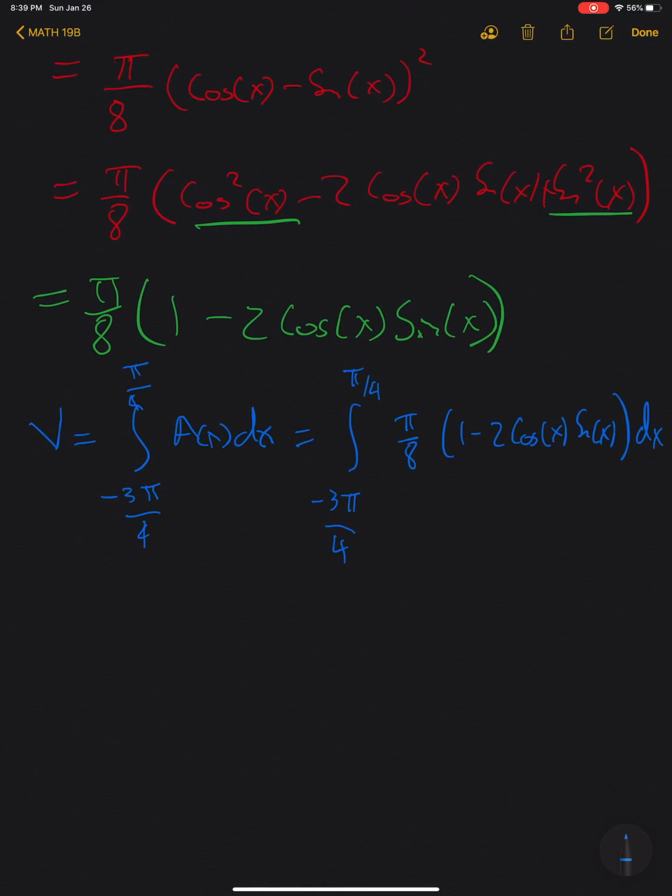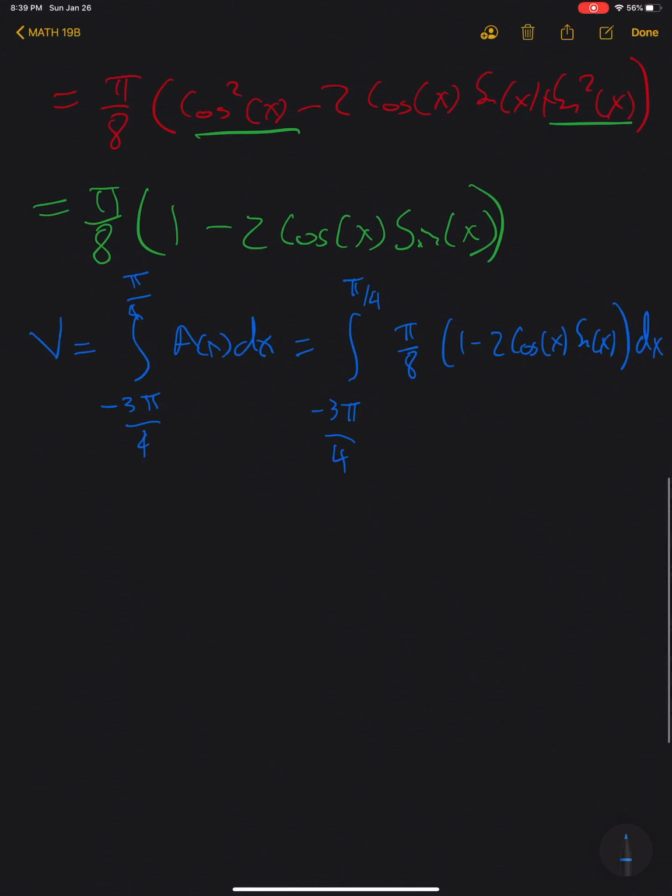Now this is an integral that I can work, so let me actually work it out. I will first bring the pi over 8 as a constant in front of everything, so I'll get pi over 8 integral from negative 3 pi over 4 to pi over 4 of 1 minus 2 times cosine x sine x dx.